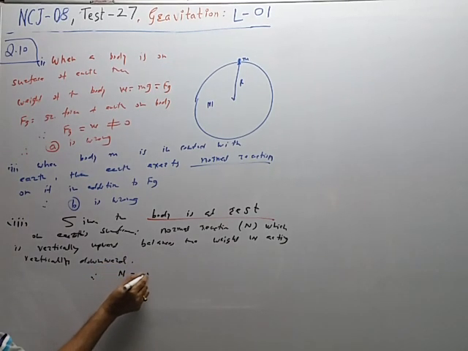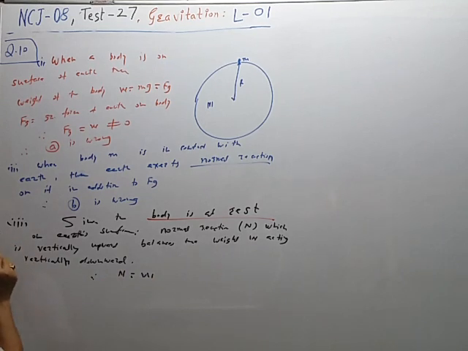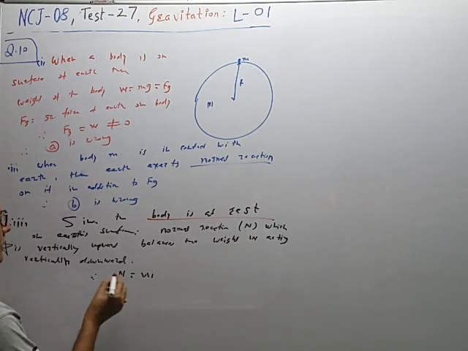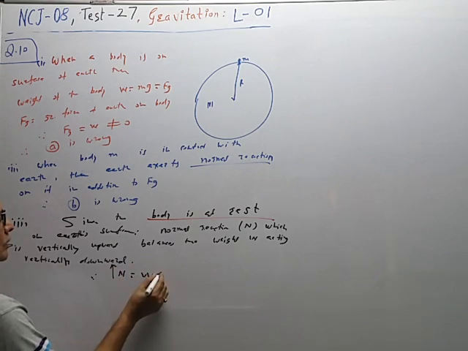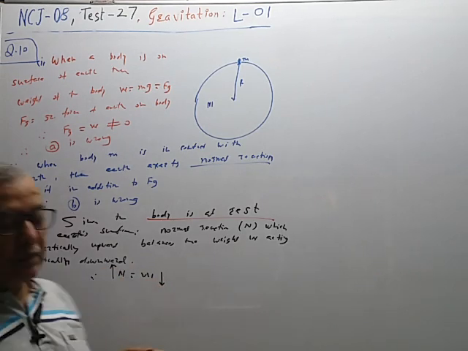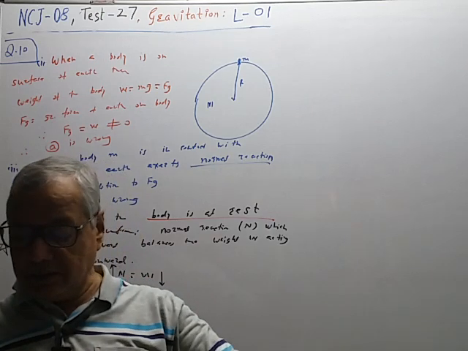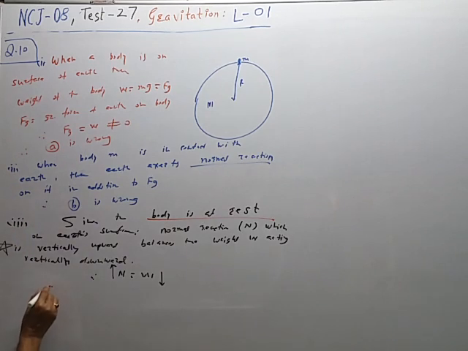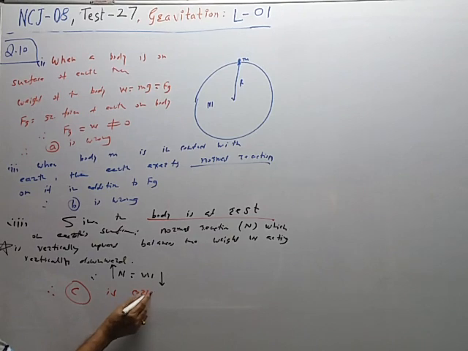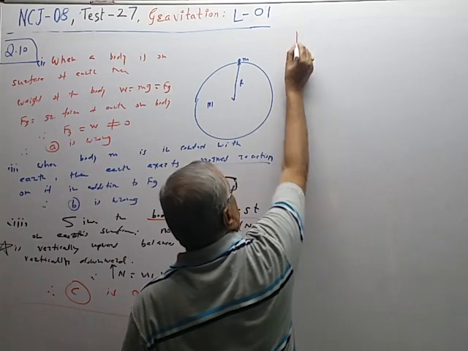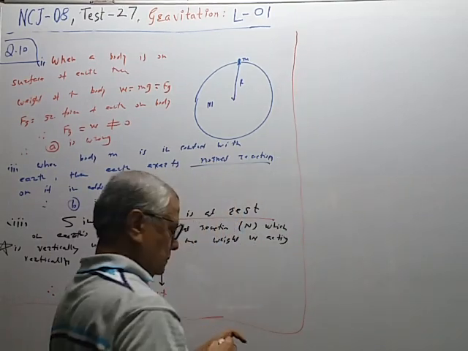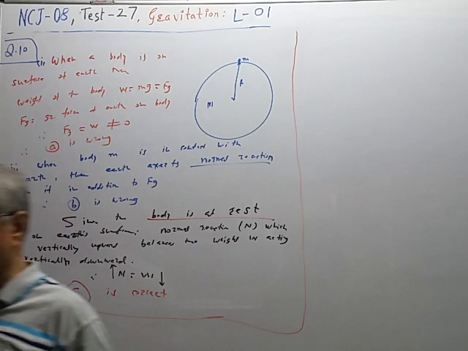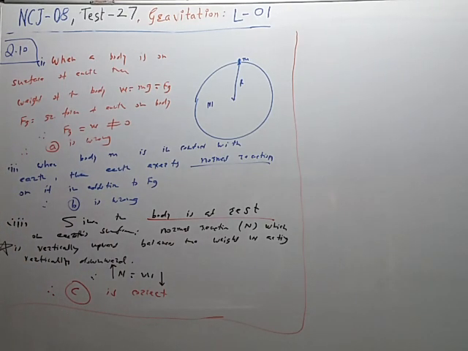Therefore, N is equal to W. So N is acting vertically upward, W is acting vertically downward. They are equal in magnitude, opposite direction. Therefore, the body remains at rest, and therefore the correct choice is C. Therefore, the C choice is correct.